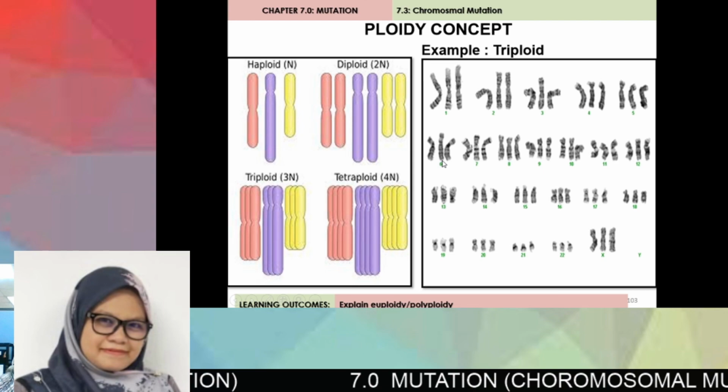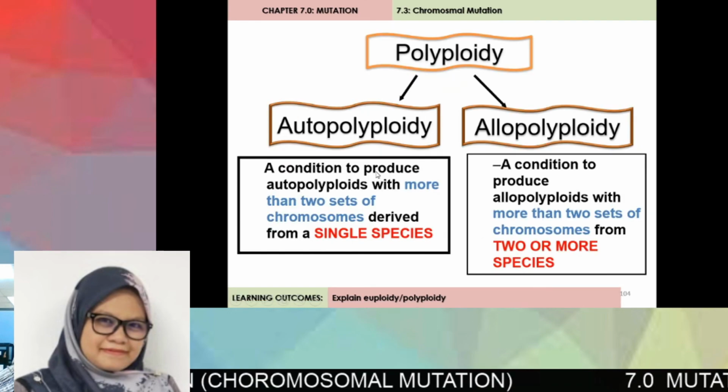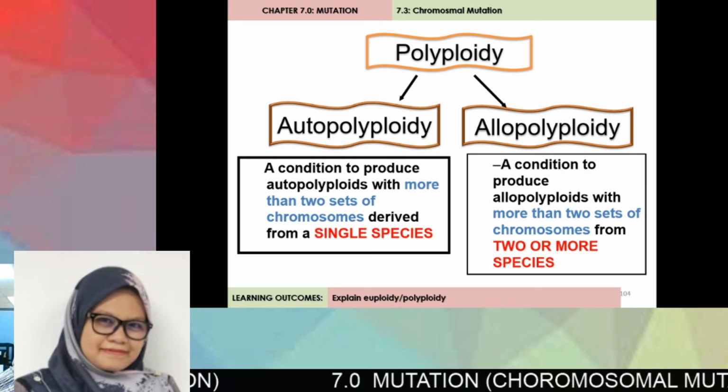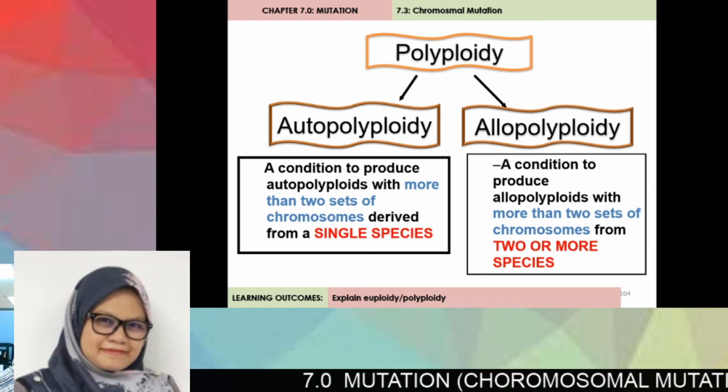So for autopolyploidy is a condition to produce autopolyploid with more than 2 set of chromosome derived from a single species. So maksudnya penambahan bilangan set itu adalah dalam kalangan spesies yang sama.